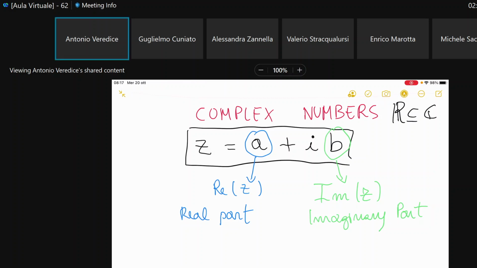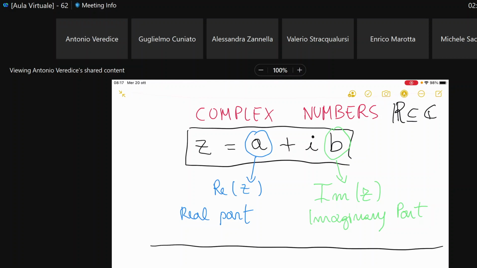So let's go on. If you are okay with the definition of complex numbers, we can see how to deal with operations with complex numbers, for instance the sum and the product in the set of complex numbers.